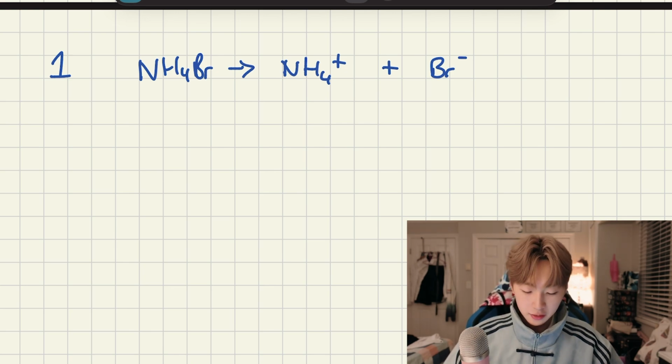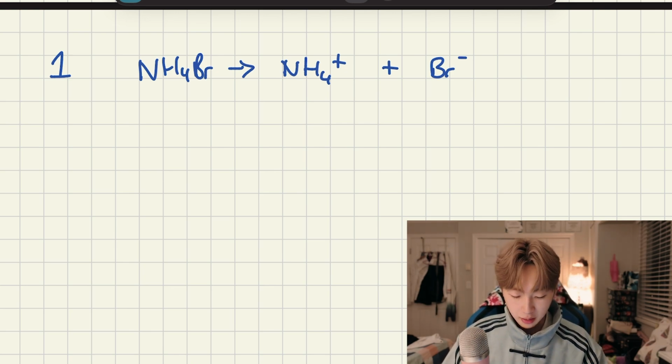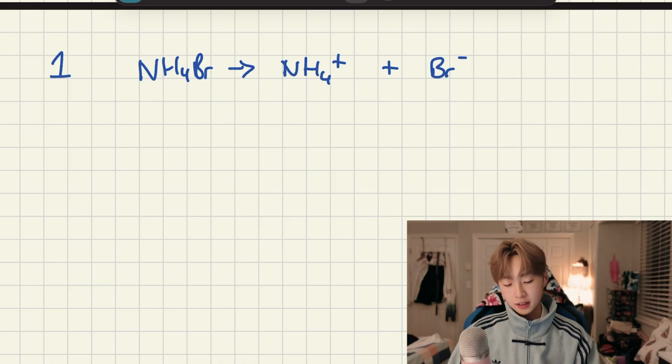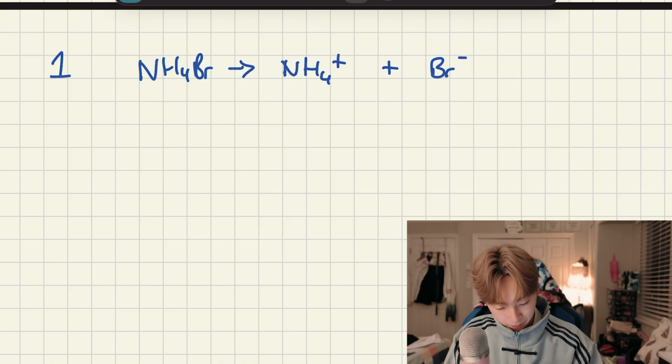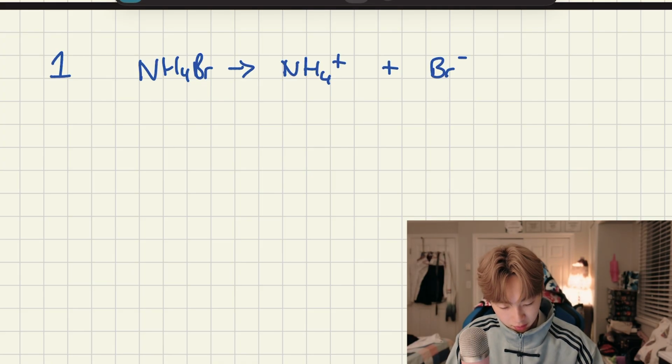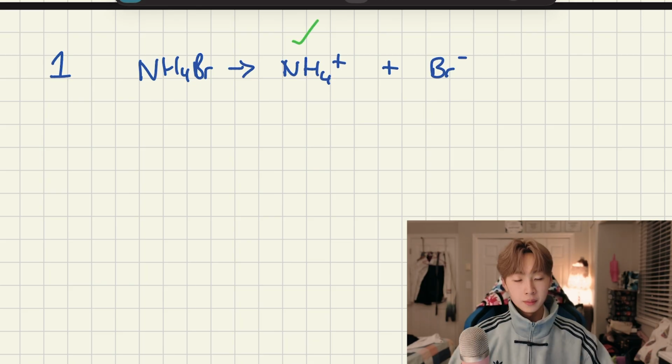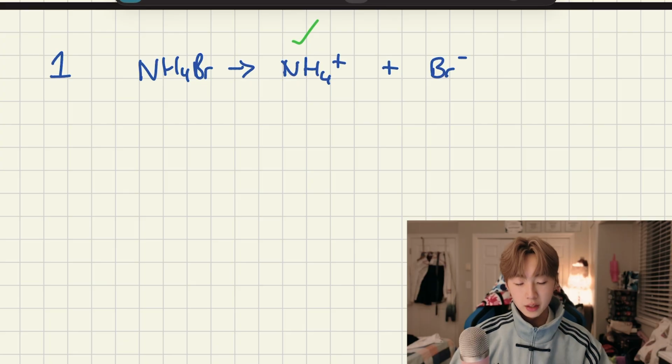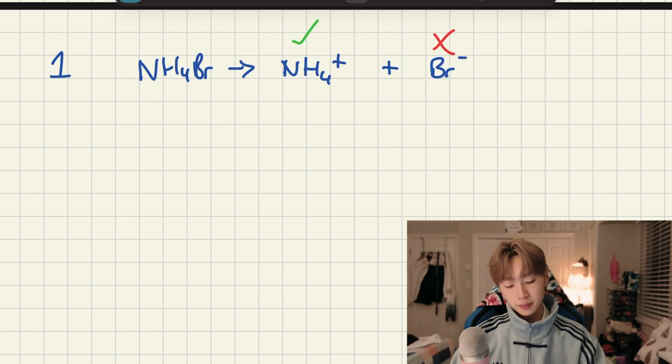Now we have to ask ourselves, is the cation a Fab 4 and is the anion a Silly 6? We know that NH4+, that's a Fab 4, right? So it will hydrolyze. And as for our Br-, that is one of our Silly 6. So that means it will not hydrolyze.